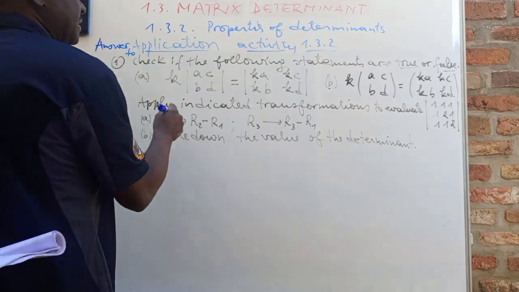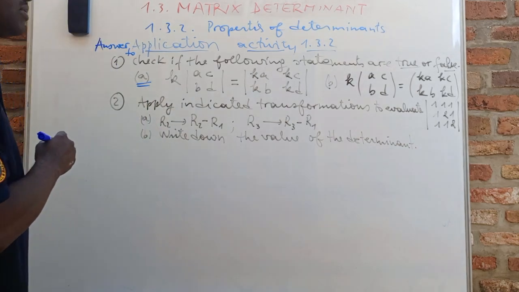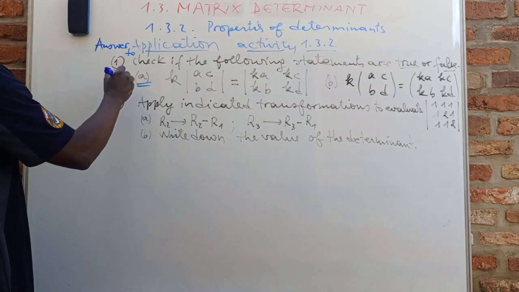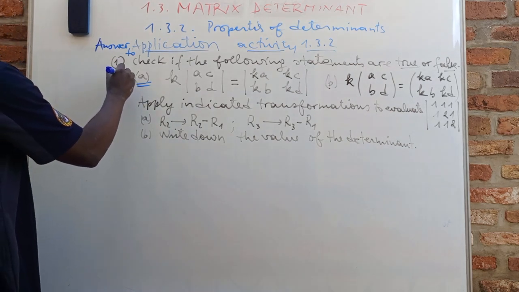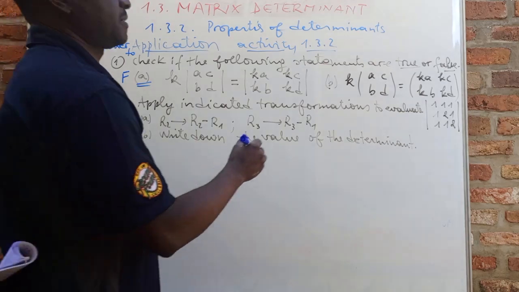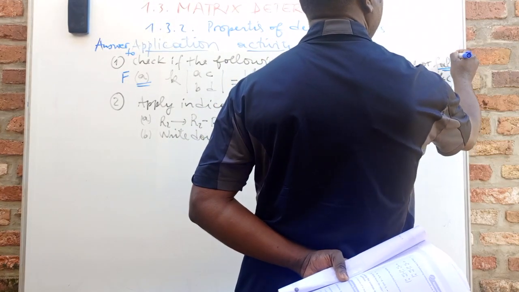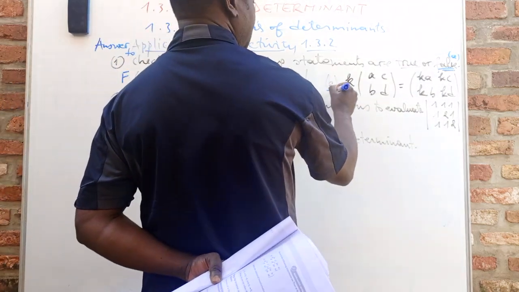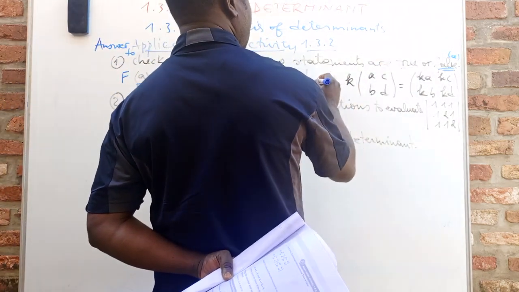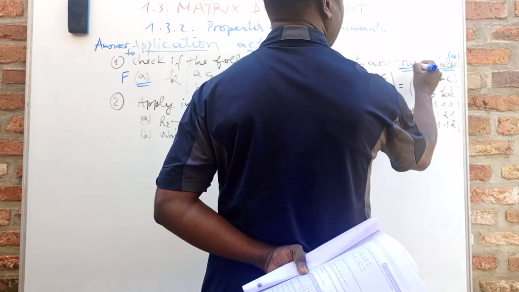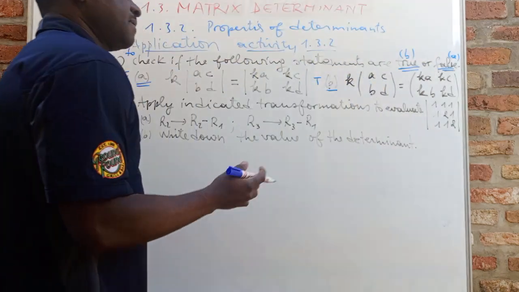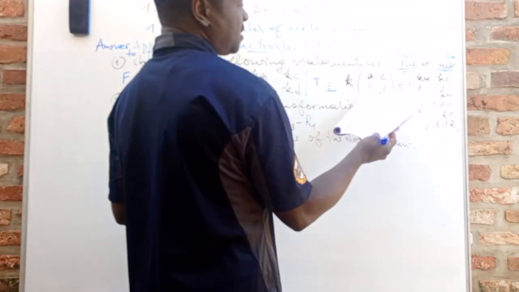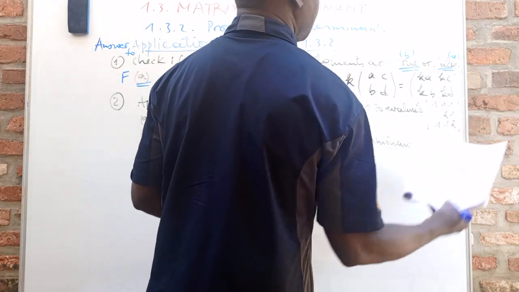Okay, so number one. Is it true or false? So A is false, and of course B is true. Why? Because this is scalar multiplication, and in scalar multiplication we multiply each coefficient.